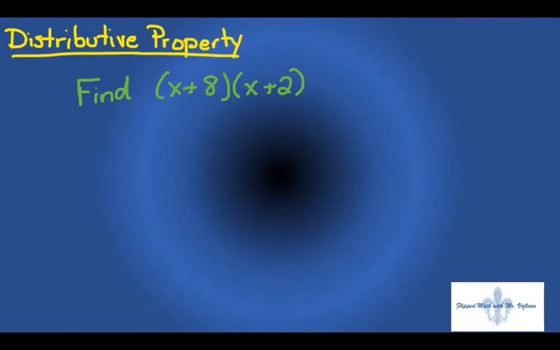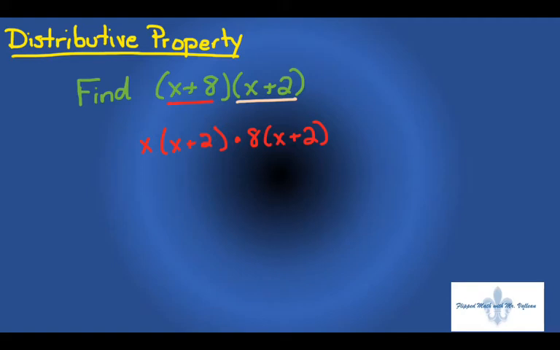We break apart the first polynomial and distribute it into the second. You start with x, the first term in the leading polynomial, and multiply that by x plus 2. Then we multiply the second term, 8, by x plus 2.